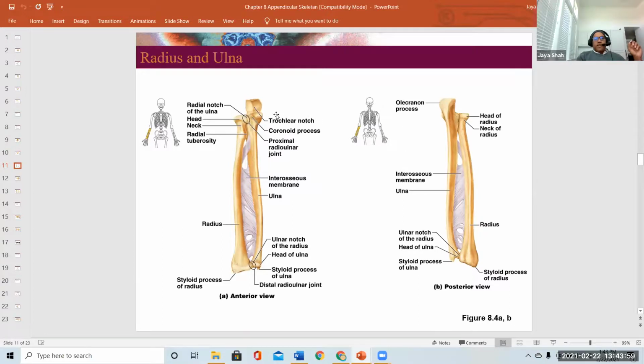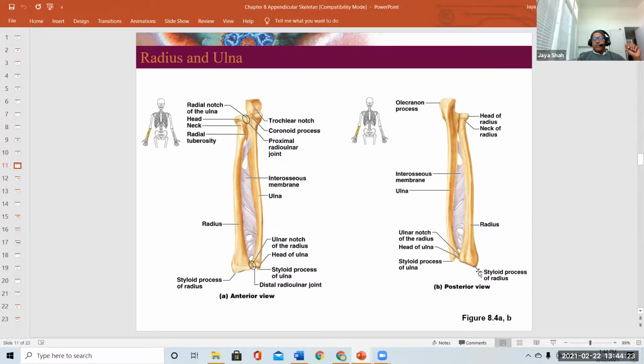So here you see again, this is the trochlear notch, and there is the coronoid process. This is olecranon process, the ulnar process. And where it fits in the humerus is called olecranon fossa. There is a styloid process of the ulna.